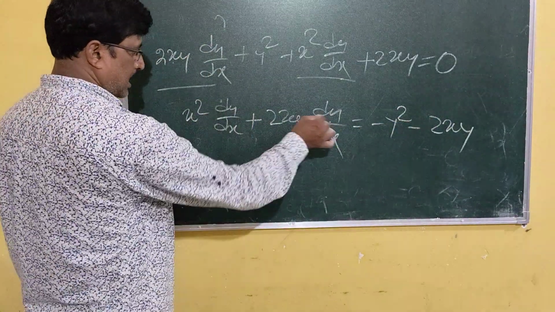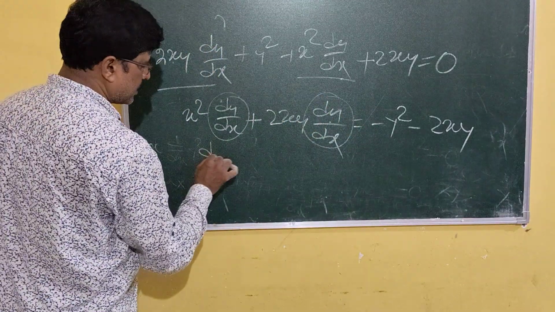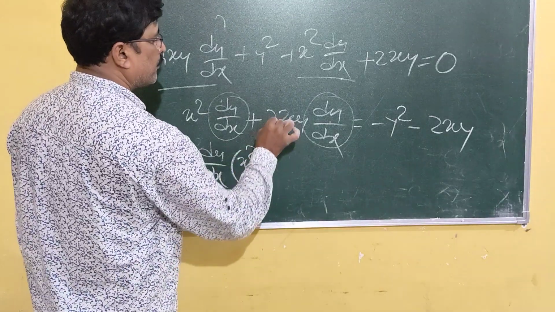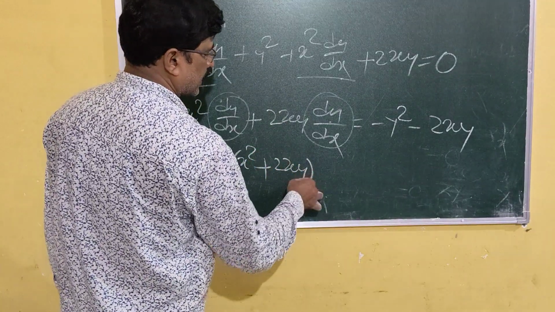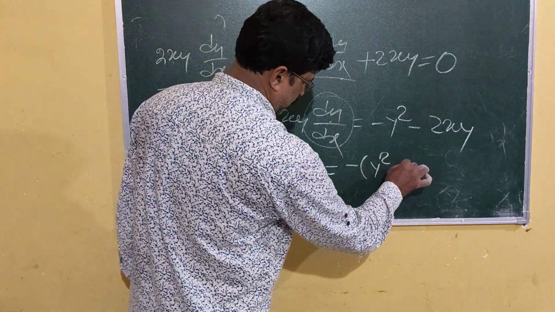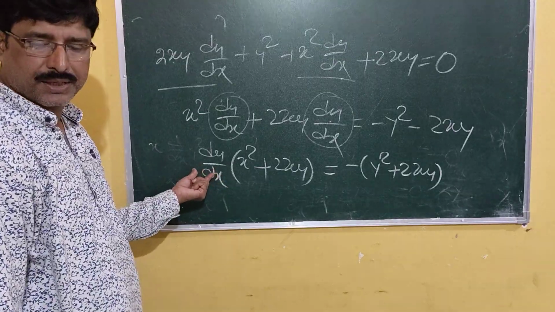Now here dy by dx is there, and also here dy by dx. We can take dy by dx common. It becomes x square plus 2xy, times dy by dx, is equal to minus y square plus 2xy. We have to find this dy by dx.